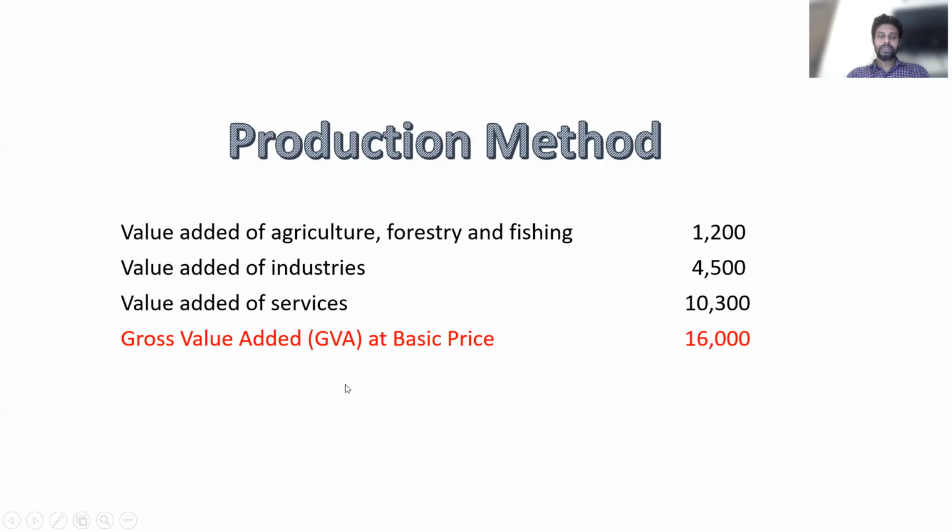Actually, the term value added means the output of a firm when intermediate consumption is subtracted from the gross output. For example, fertilizer is an intermediate input, in other words, raw material for the agriculture production. Farmers have to use it.